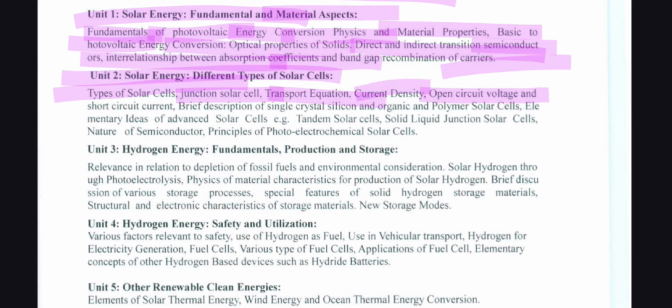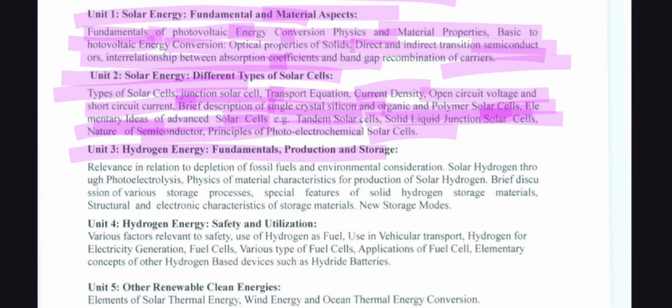types of solar cell junctions, solar cell transport equations, current density, open circuit voltage and short circuit current, brief descriptions of single crystal silicon and organic and polymer solar cells, elementary idea of advanced solar cells, for example tandem solar cells, solid liquid junction solar cells, nature of semiconductor, principle of electrochemical solar cells.